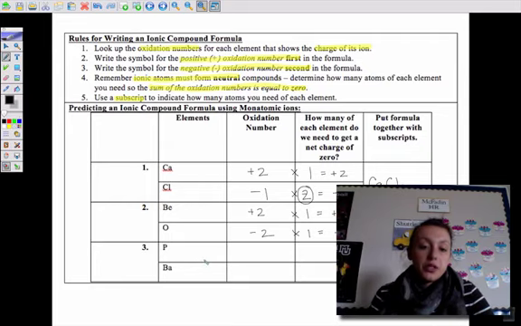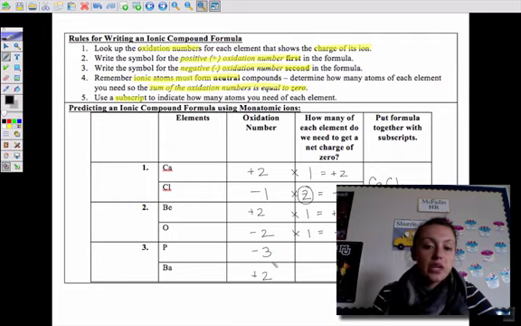The last one we're going to do is phosphorus and barium. Phosphorus has a charge of -3, and barium has a charge of +2. Now I have to look at this and think of my lowest common multiple.